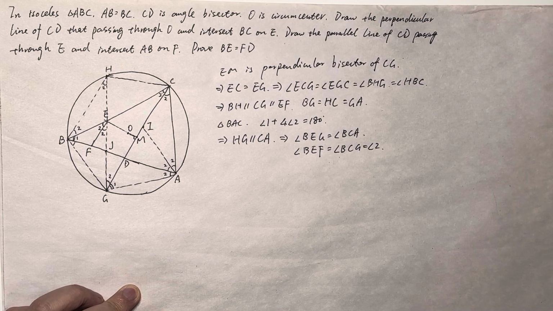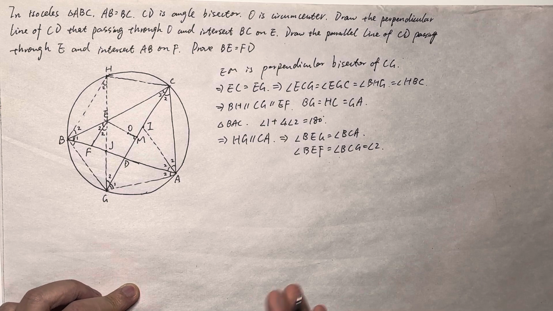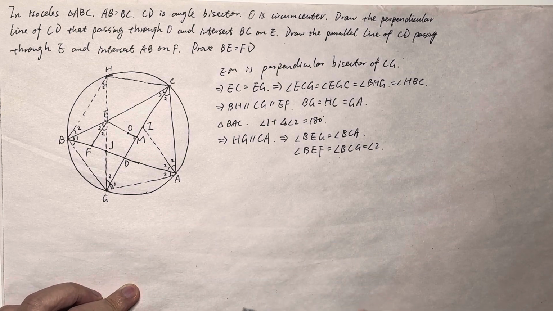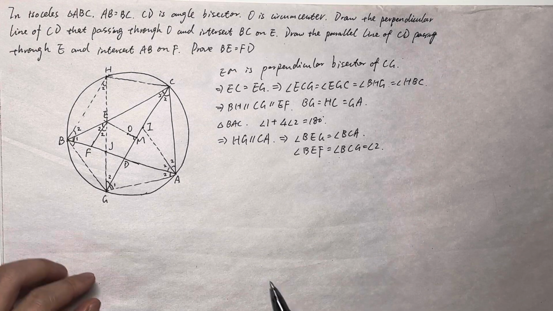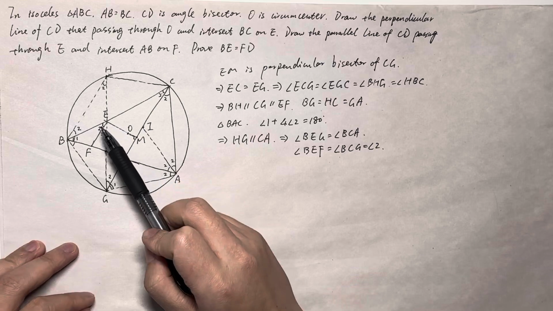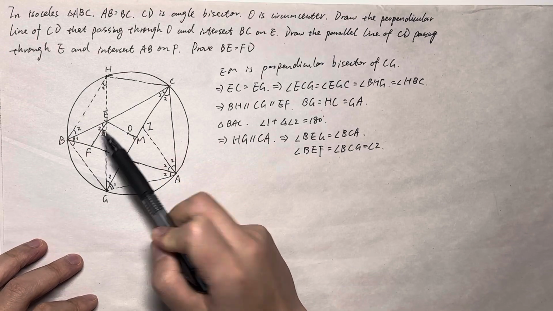Again, we don't know whether these are useful or not. We just find anything that we can find here. Because this problem is not a very easy one, we treat it as geometry research. So that's what we can find right now. We find angle 2 here and angle 2 here.